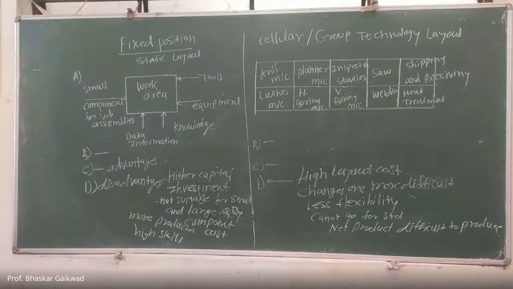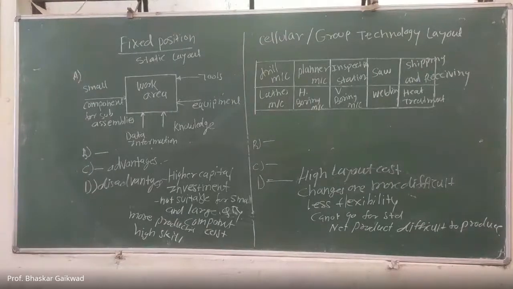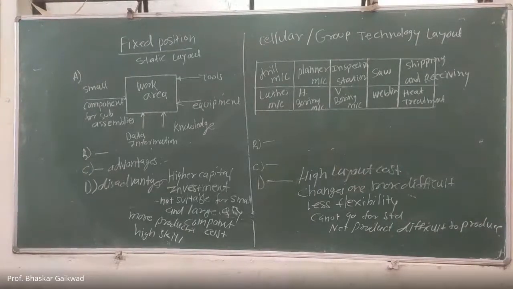According to that, the layout is done. After that, fixed position: the product is fixed and all the manufacturing facility is laid down around that product. Big products that are unable to be handled we can manufacture in the fixed position layout.